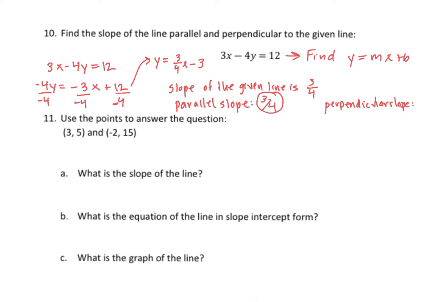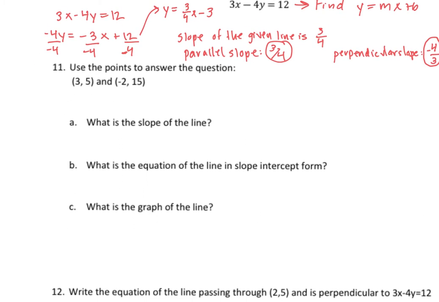So since it's a positive, it's going to become a negative. So that would be the slope of my perpendicular line. Okay, so that's a question where you just find the parallel and perpendicular slope. We'll look at some problems where we are given a line and we have to find the equation of the line, not just the slope, but the equation of the line.